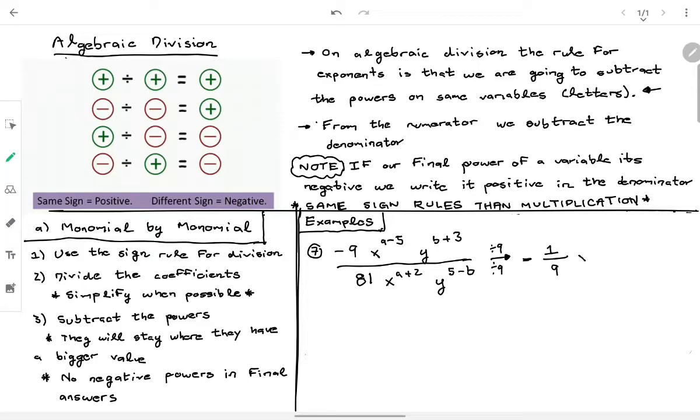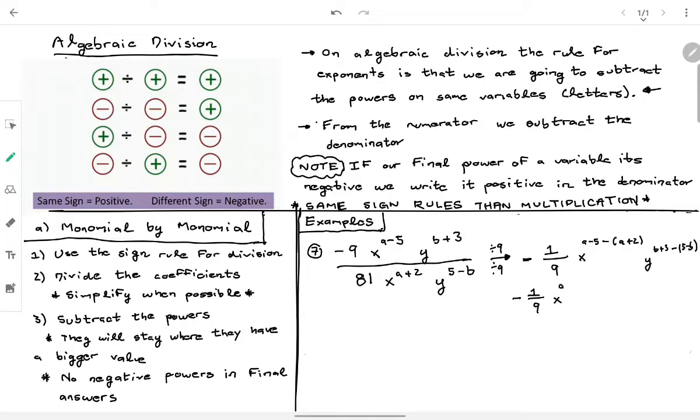Then we are going to use the letters, so it's going to be a minus 5 minus a plus 2, and then y, that is going to be b plus 3 minus 5 minus b. So in this case, it's going to be minus 1 over 9.